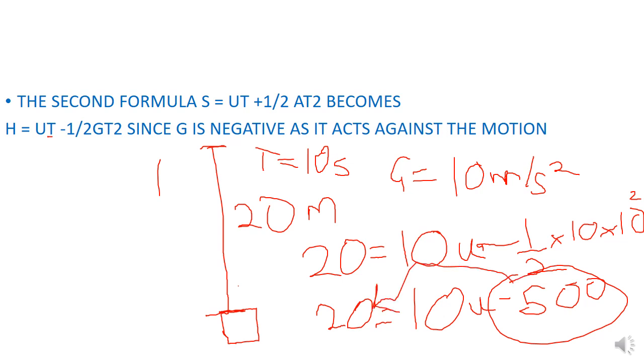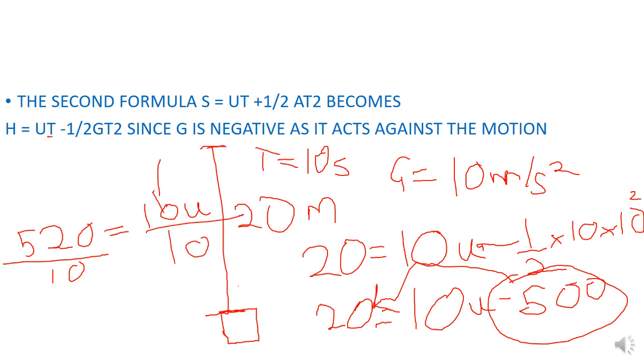If we take it to the other side, it will be 520 equals 10u. So divide both sides by 10, and u will be equal to 52.